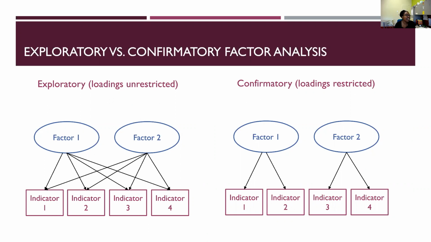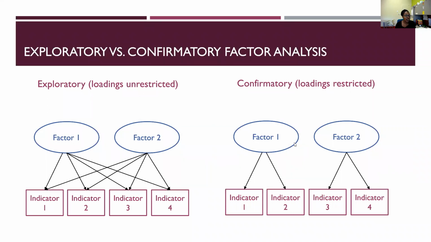The main difference is that in exploratory factor analysis, you have no restrictions on the loadings. Every factor loads on every indicator. In confirmatory factor analysis, we specify our model to say that factor 1 is only for indicators 1 and 2, and factor 2 is only for indicators 3 and 4. So that's the main difference.